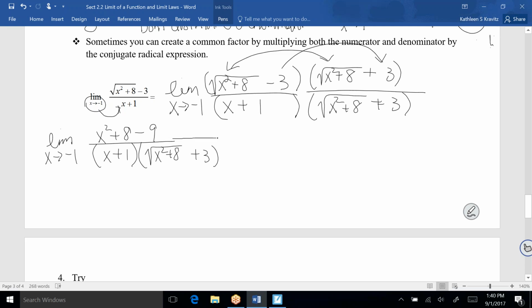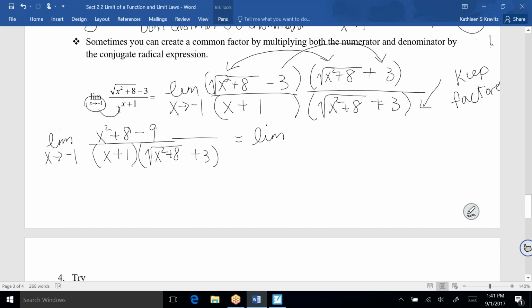So that's factored, so we're going to leave that alone. All right, so keep this factored.